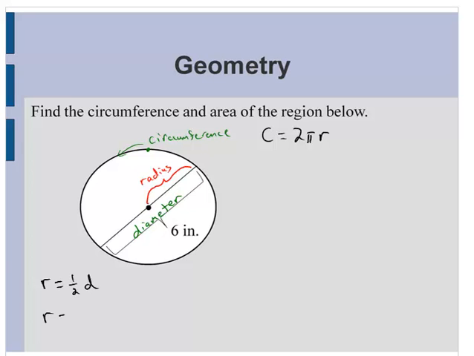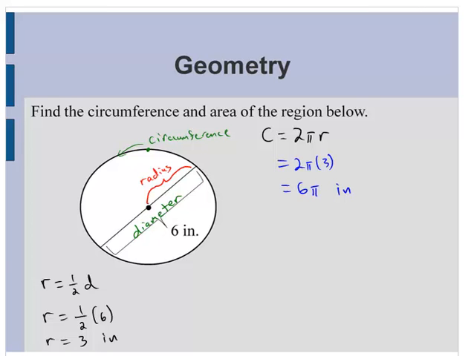So the radius then would be 1/2 of 6. The radius would be 3 inches. So if the circumference is 2 pi times the radius, then we would have 2 pi times 3, or 6 pi inches.